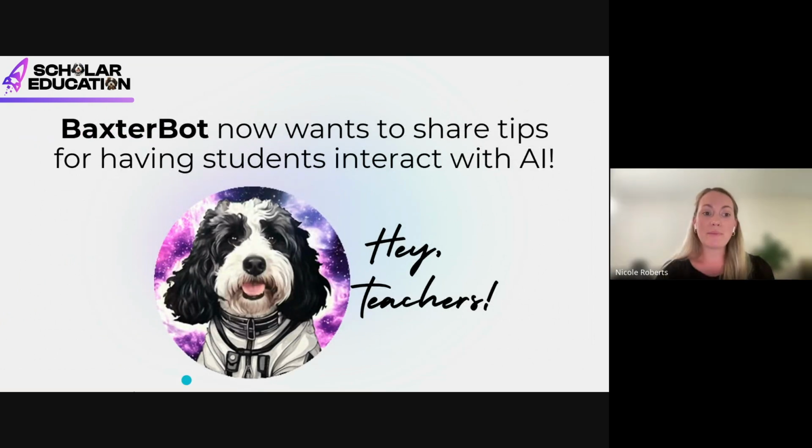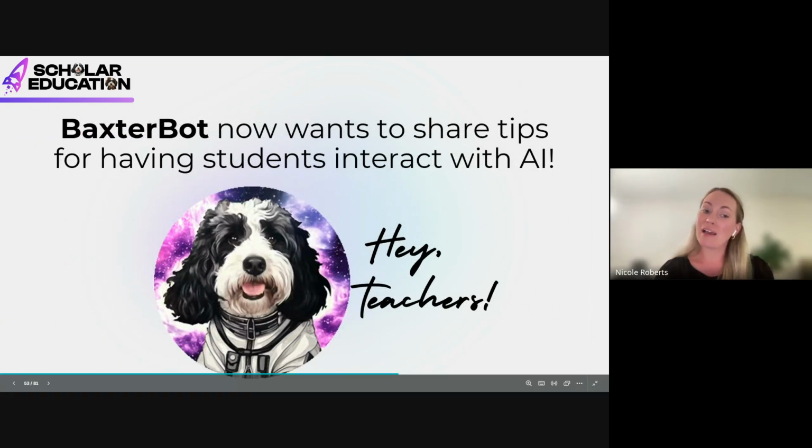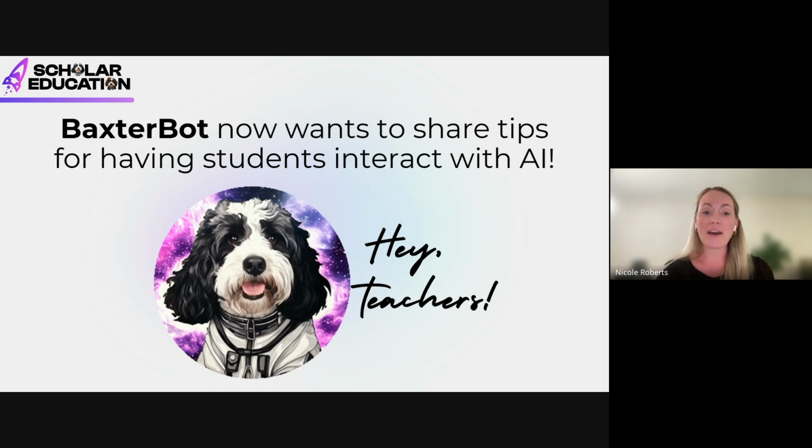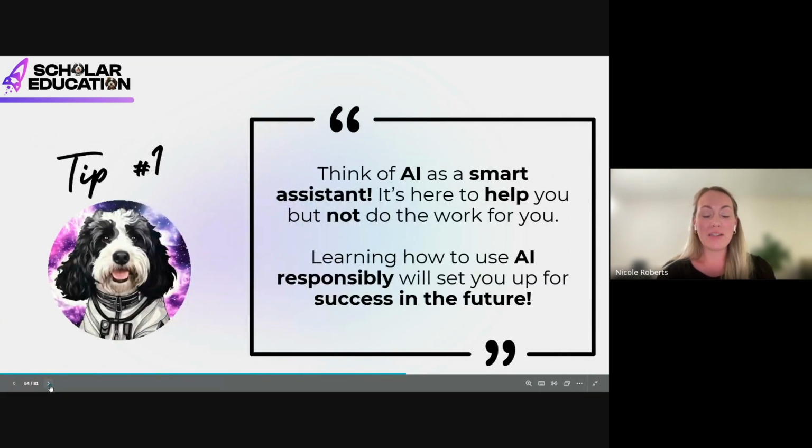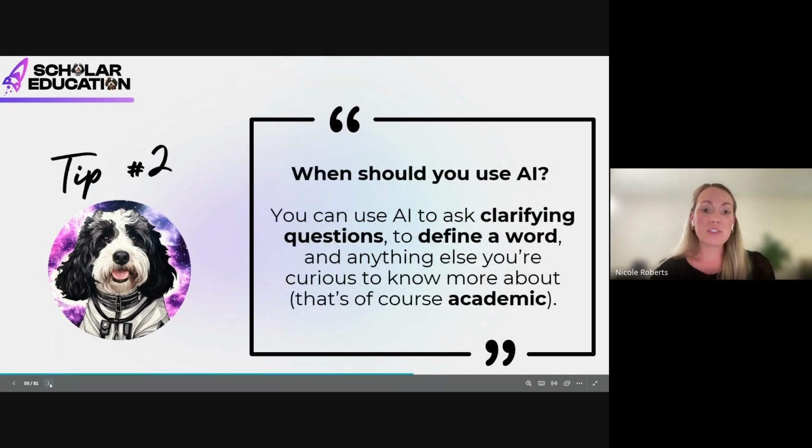So to wrap up this module, we want BaxterBot to share some tips for having students interact with AI. Tip number 1 is to think of AI as a smart assistant, here to help you but not do the work for you. And learning how to use AI responsibly will set you up for success in the future. Tip number 2, so when should you use AI?